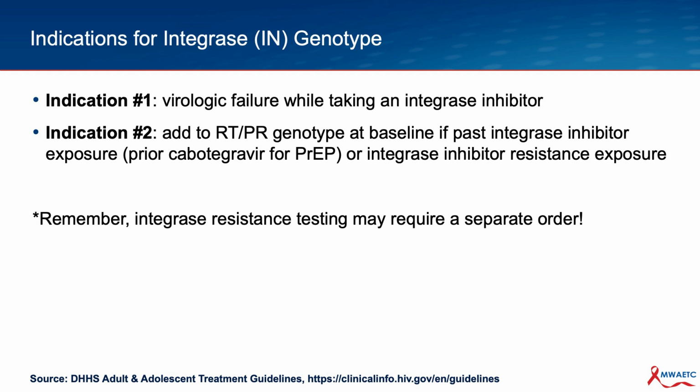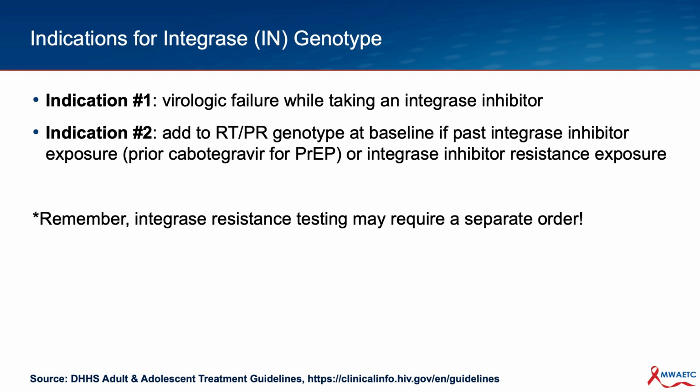The other indication that is in the guidelines is that an integrase genotype should be added to the traditional RT-PR genotype at baseline if the person who's been newly diagnosed with HIV may have had past integrase inhibitor exposure, such as receiving long-acting cabotegravir for PrEP, or exposure to integrase resistance, for example, from their partner, from their source person.